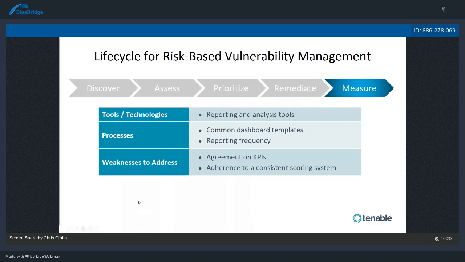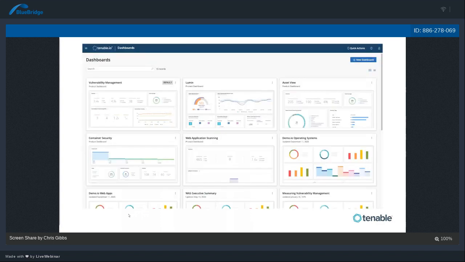It's going to help you build up KPIs and keep to a consistent system to provide the right information to the right people. A CISO, for example, isn't going to necessarily want to see the same thing that the engineer fixing the vulnerabilities is going to want to see. They might want a more high level view, for example. We have different dashboards that provide different views depending upon the requirement.